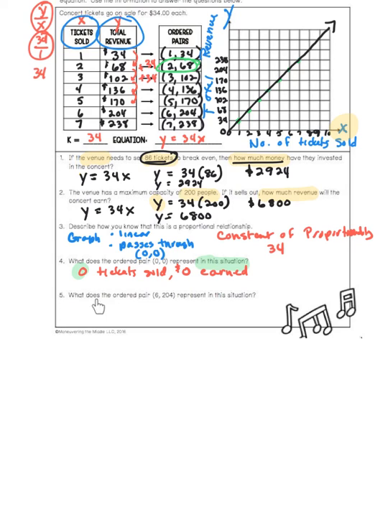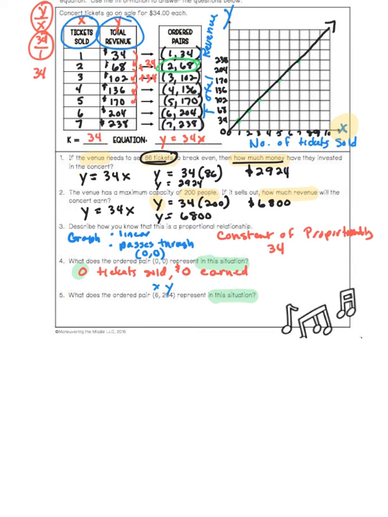And finally, what does the ordered pair 6, 204 represent in this situation? Once again, they mention in this situation, so we're going to relate it back to what we know about the x and y. As we look at this, our x value is 6 and our y value is 204.